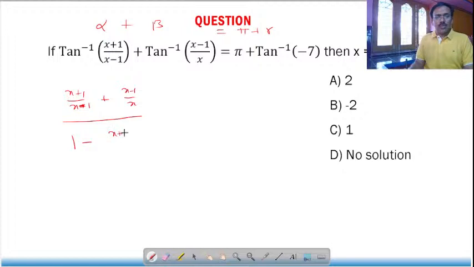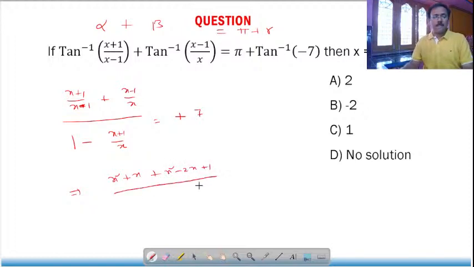The cancellation would be x plus 1 by x is equal to tan of 180 plus theta, which is minus tan theta, which is minus 7. So plus 7. It is a simple equation, friends. x plus 1 into x is x square plus... x square minus 2x plus 1 by x into x minus 1 comes in the denominator here, which is minus 1 by x comes here is equal to 7. x cannot be 0.